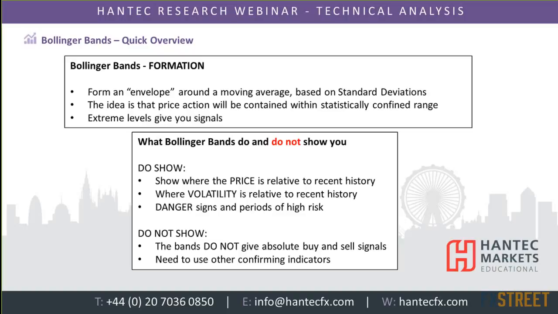You need to use Bollinger Bands in conjunction with other indicators, and I will talk to you in a little bit about that, but it ties in with my whole ethos through technical analysis that you should always use multiple indicators anyway, and certainly Bollinger Bands is one of these indicators that you should be using.